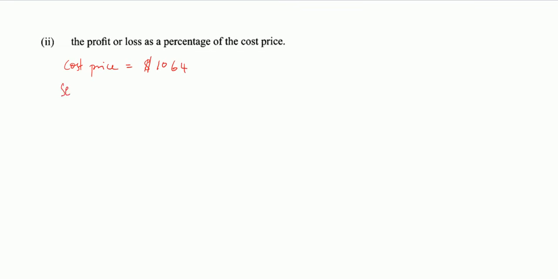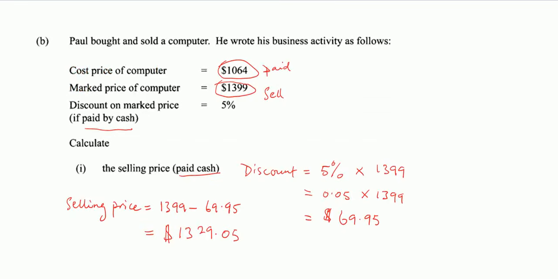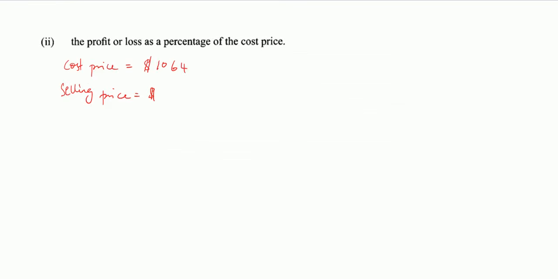And the selling price, alright, now since we are specifically talking about the instance here where somebody bought it for cash, the price that we're going to use as the selling price is $1,329.05. Alright, so if you notice, the cost price was $1,064 and the selling price was $1,329.05.